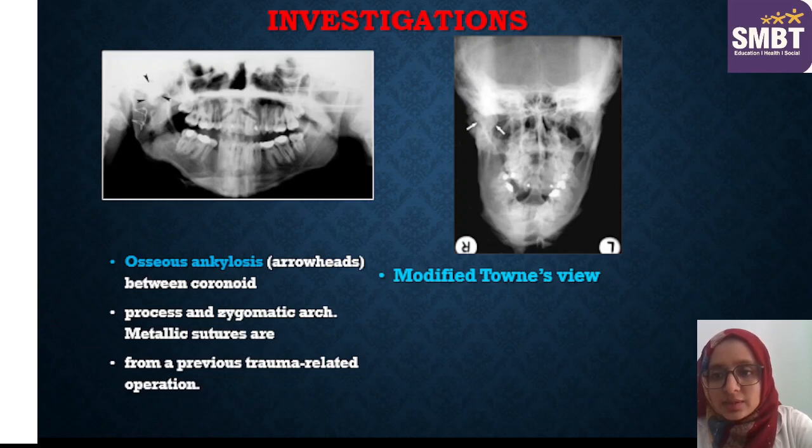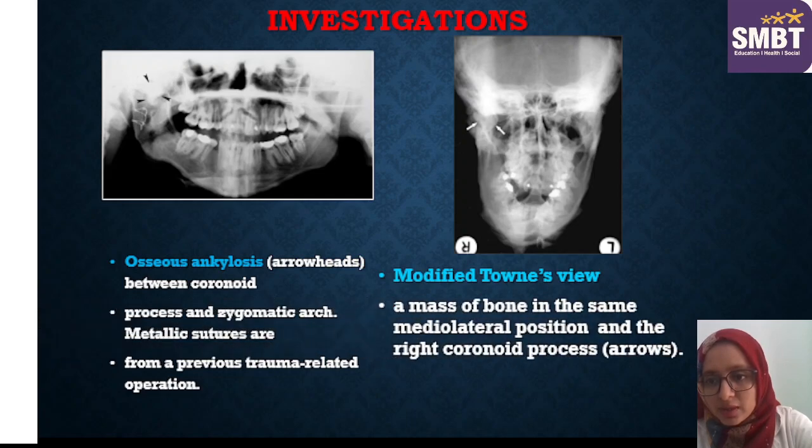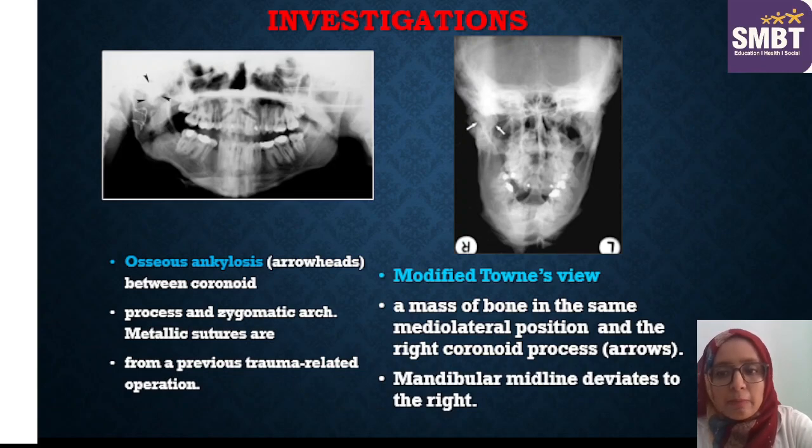This is another picture, of a modified Towne's view. Again, you can see on the right side the TMJ ankylosing mass, a mass of bone in the same mediolateral position, and the right coronoid process. Appreciate the arrowhead, which is now white. Mandibular midline deviates to the right side, the affected side, because this is a unilateral ankylosis.